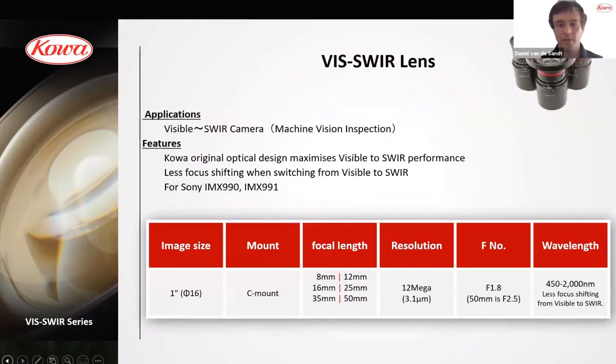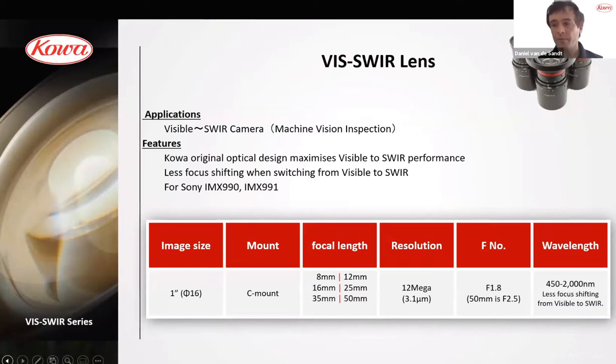This is the lens series for 1 inch, which fits very well to some Sony sensors, the IMX 990, 991, which came out last year. It is also very new that this is a lens with transmission up to shortwave infrared, which has a relatively high resolution for sensors with pixel size 3.1 micrometer.